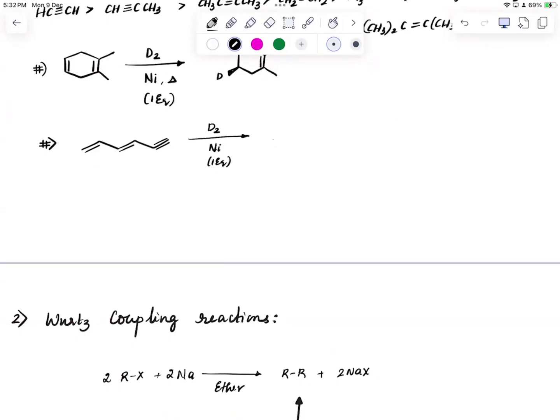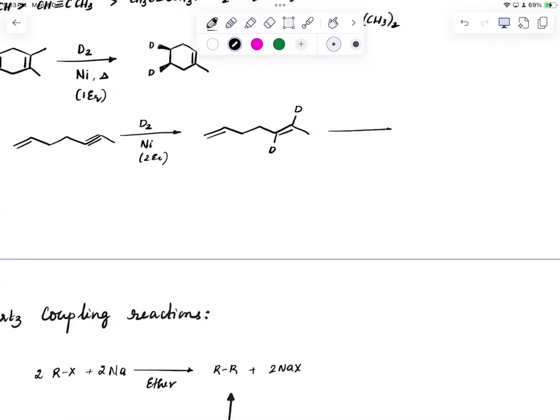I'll have to make it this way. Yeah, like this. So if at all I take two equivalents here, first addition will be about the double bond here, because deuterium and deuterium will come here first.